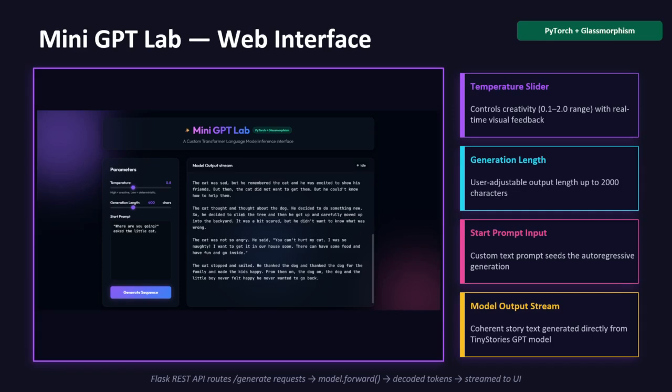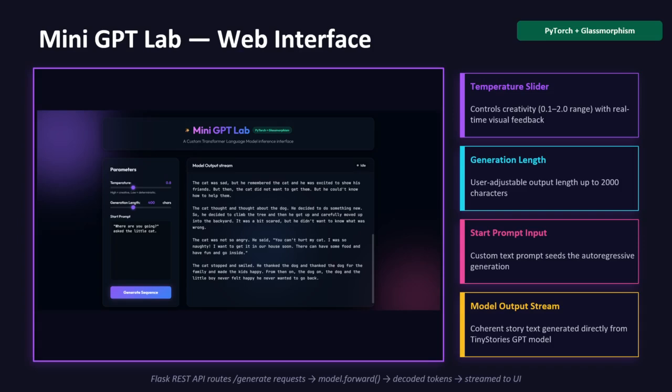So, this is the interactive web interface, which I built using Glassmorphism, and it has many features like a temperature slider that controls the creativity and an output length controller, that is the generation length, where the user can adjust the output length up to 2000 characters.